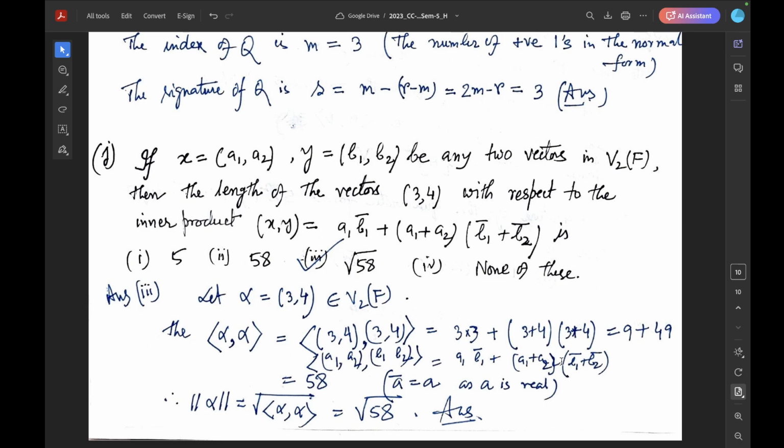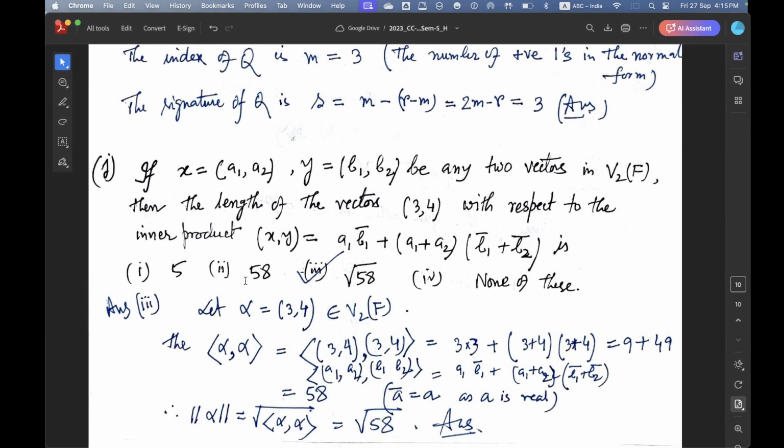Plus (A1 plus A2) into (B1 bar plus B2). So 3 into 3 is 9, 3 plus 4 is 7, 3 plus 4 is 7, 7 into 7 is 49, so 58. So the norm, that is the length of the vector, is equal to the square root of the inner product of alpha, alpha, so root over 58. So the correct option is 3, root over 58.